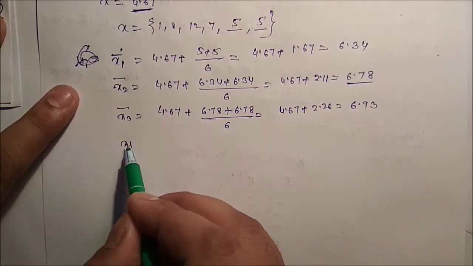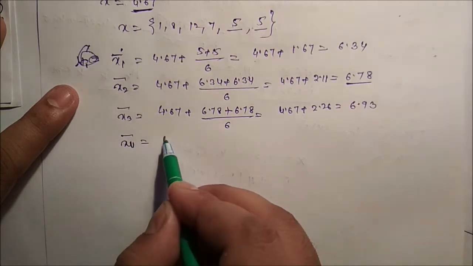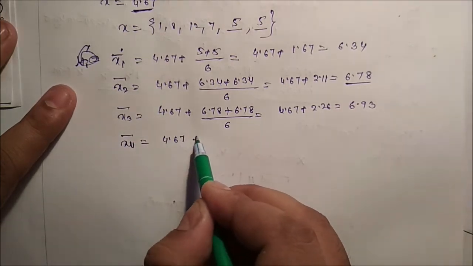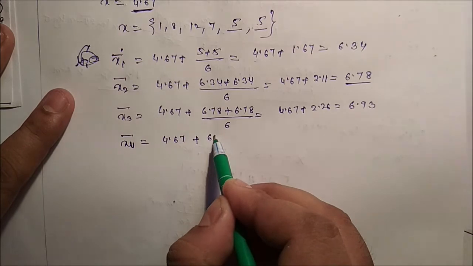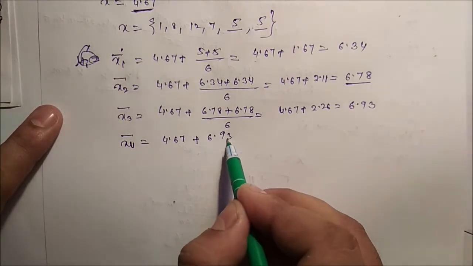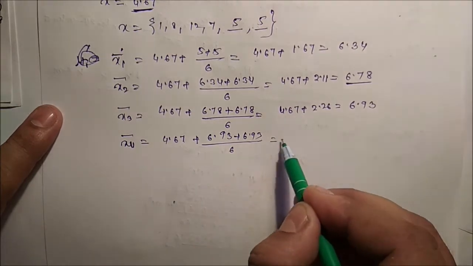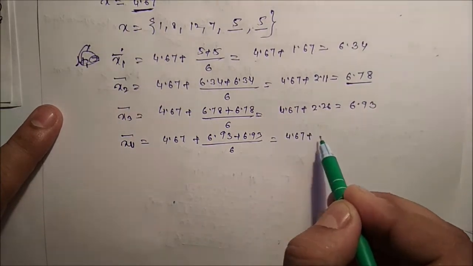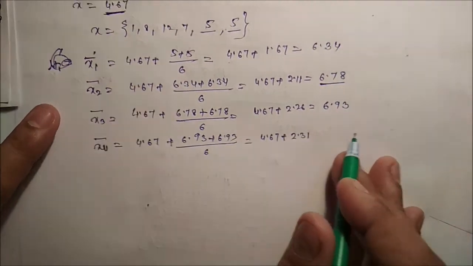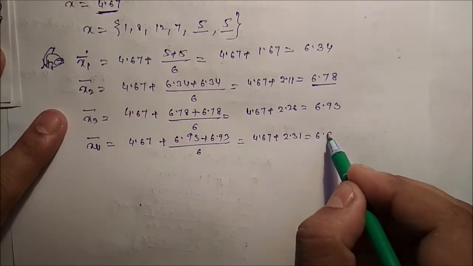And in the fourth iteration, 4.67 plus 6.93 plus 6.93 divided by 6, 4.67 plus 2.31, the answer is 6.98.